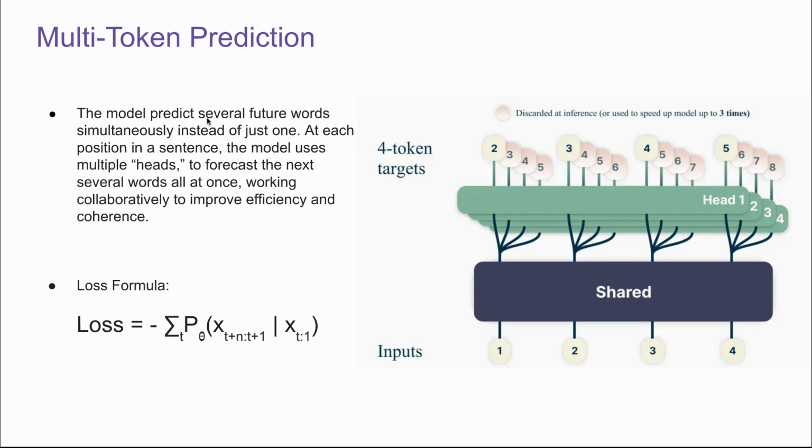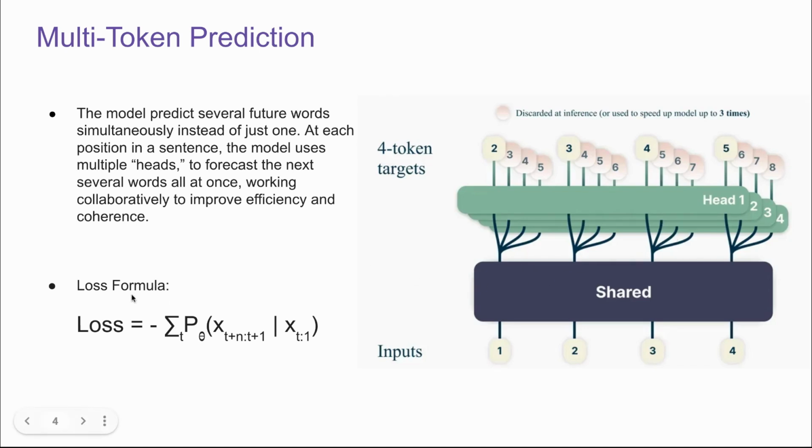So the model predicts several future words simultaneously instead of just one. At each position in a sentence, the model uses multiple heads to forecast the next several words all at once. So they work collaboratively to improve the efficiency and coherence. In this graph, they have 4 heads. That means it's trying to predict the next 4 tokens at a time.